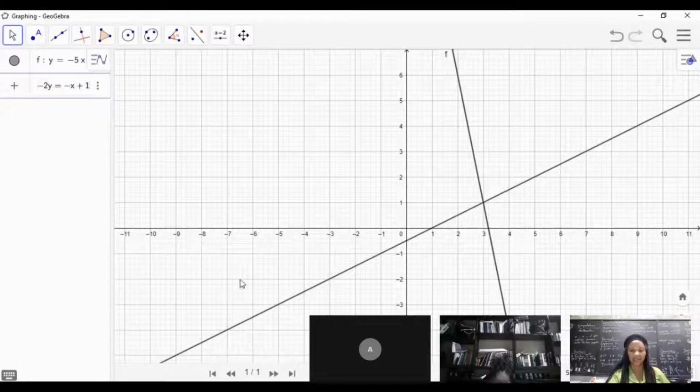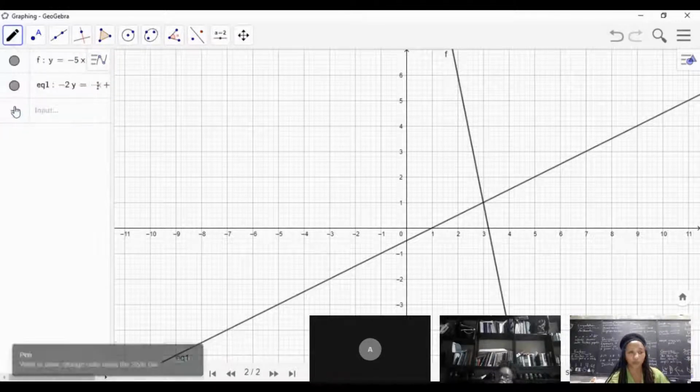This is the second function, negative 2y equals negative x plus 1. So those are two equations, two linear equations. Now, as you can see, the two lines intersect each other. At this point of intersection, we find a solution for the equations.